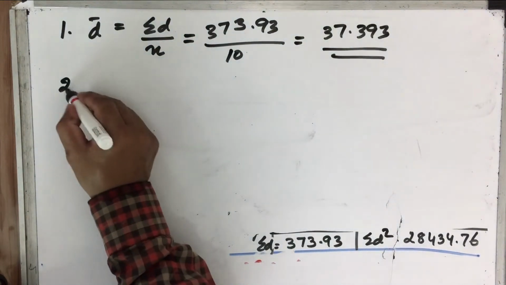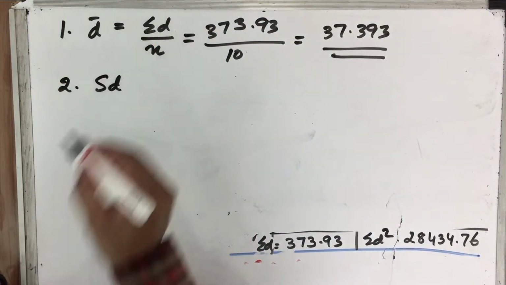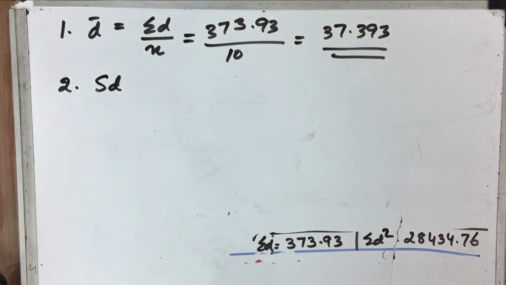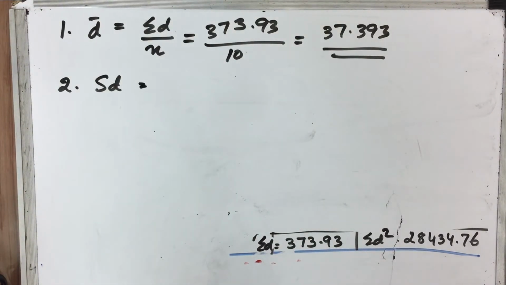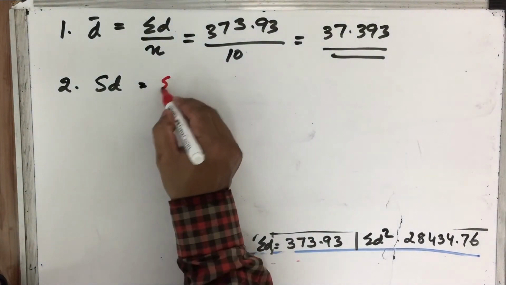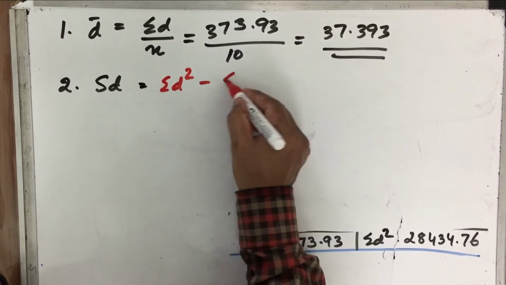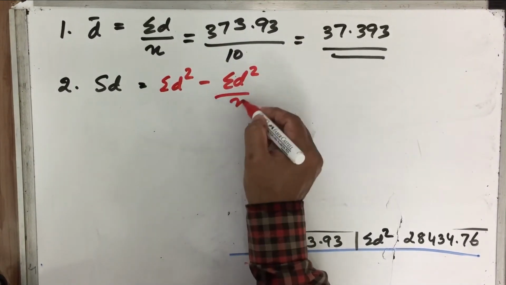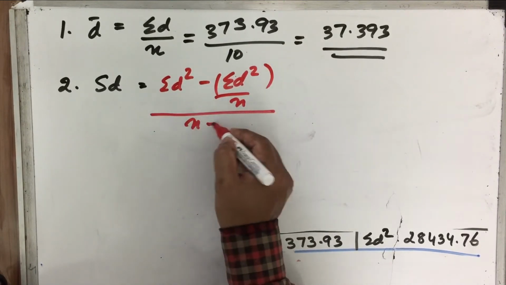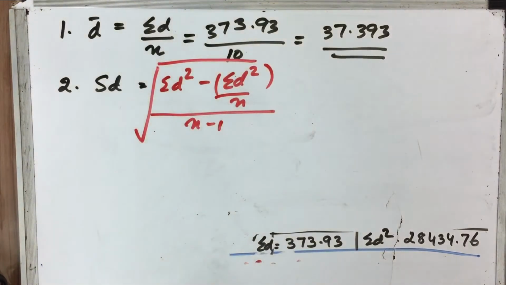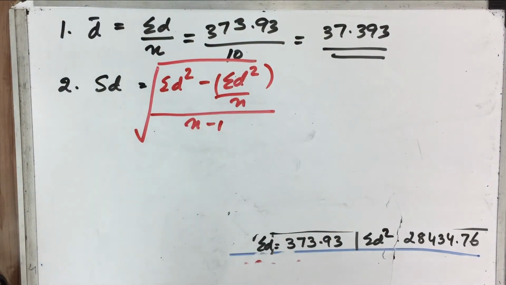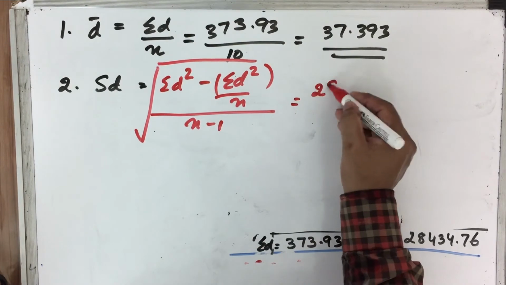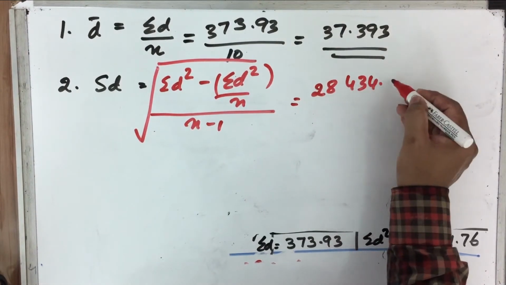So step number 2 is to find the standard deviation. So standard deviation, we know that is equal to the root of summation of all the d square minus summation of d whole square divided by n, divided by n minus 1. So we have learned it earlier. So therefore we know summation of all the d square is equal to 28,434.76.